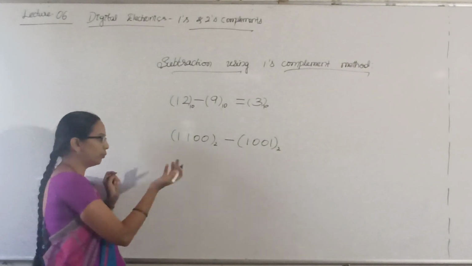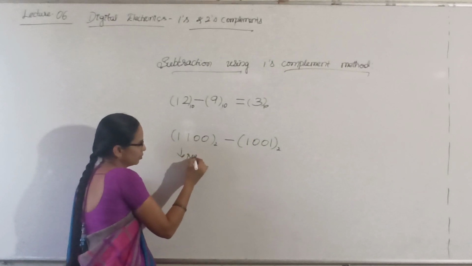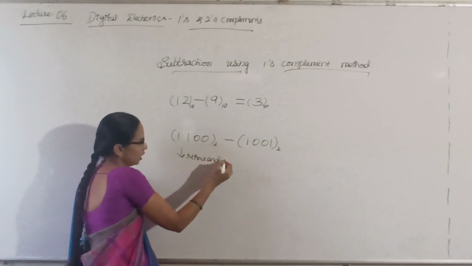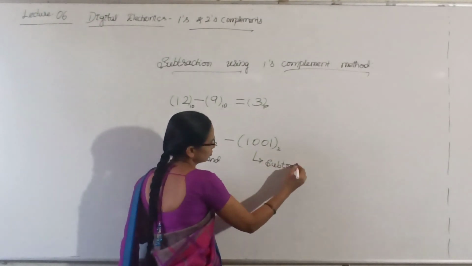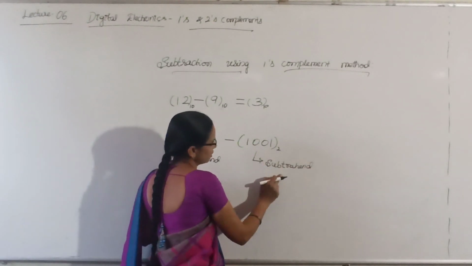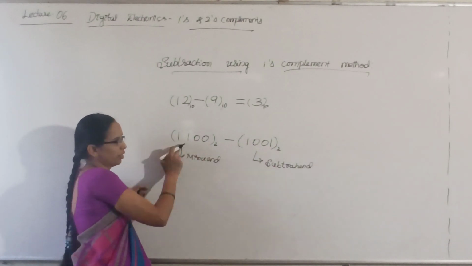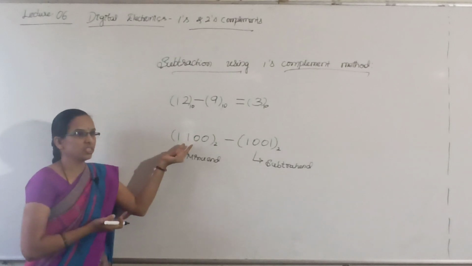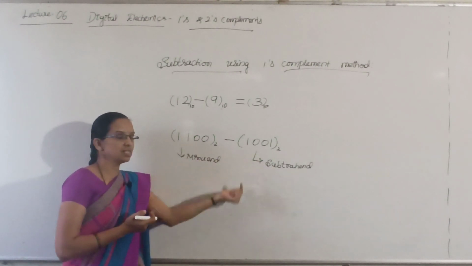So how will I do this? This is our minuend and this is our subtrahend. Subtrahend means that which is to be subtracted, and minuend is that from which the subtraction should happen.